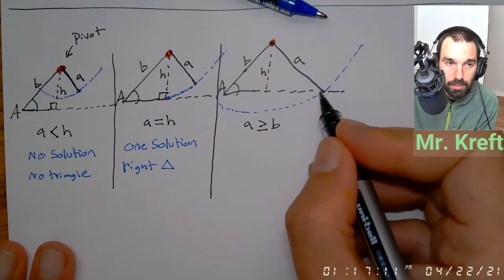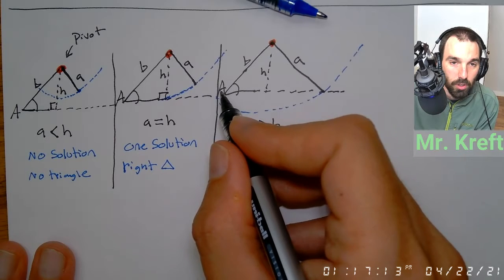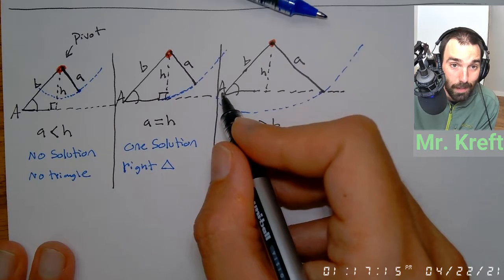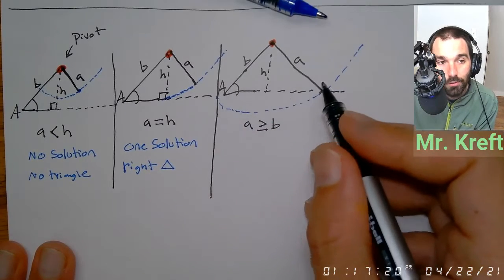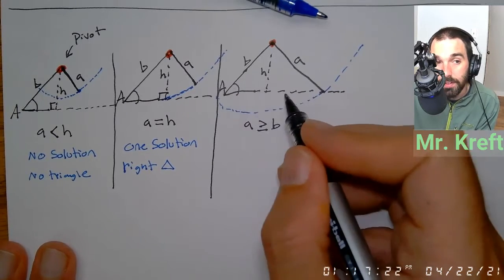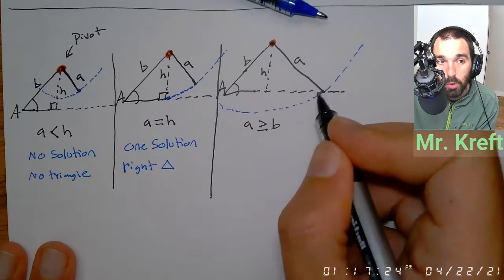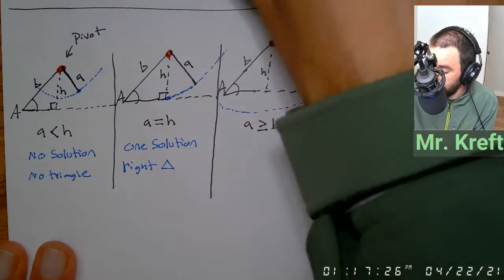Because if it was equal to B, if you swung it over, it would just be a line. It would just be a segment because A and B would overlap. So if A is longer than B or the same length as B, then we're only going to have one solution.